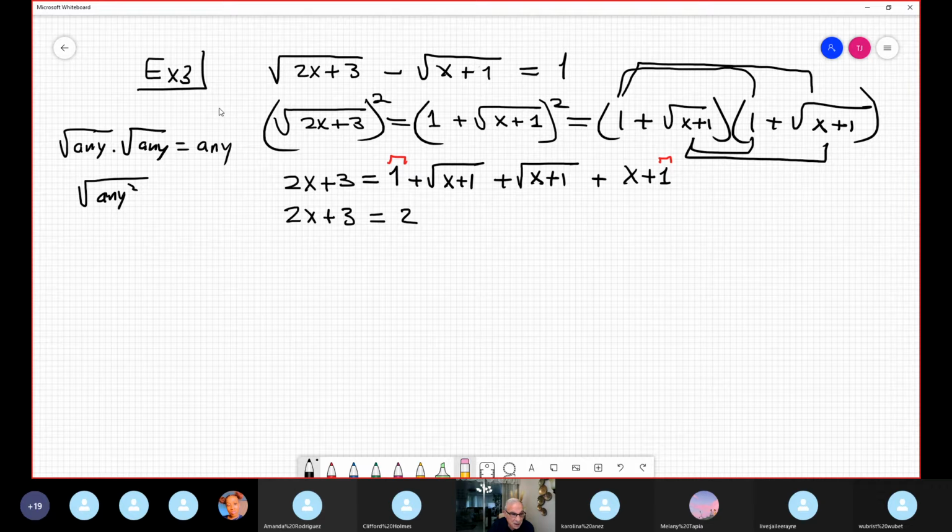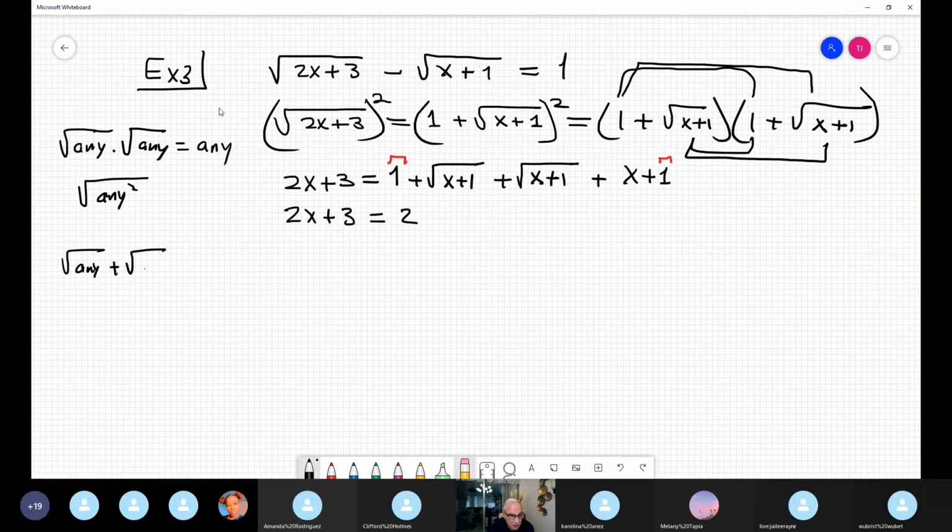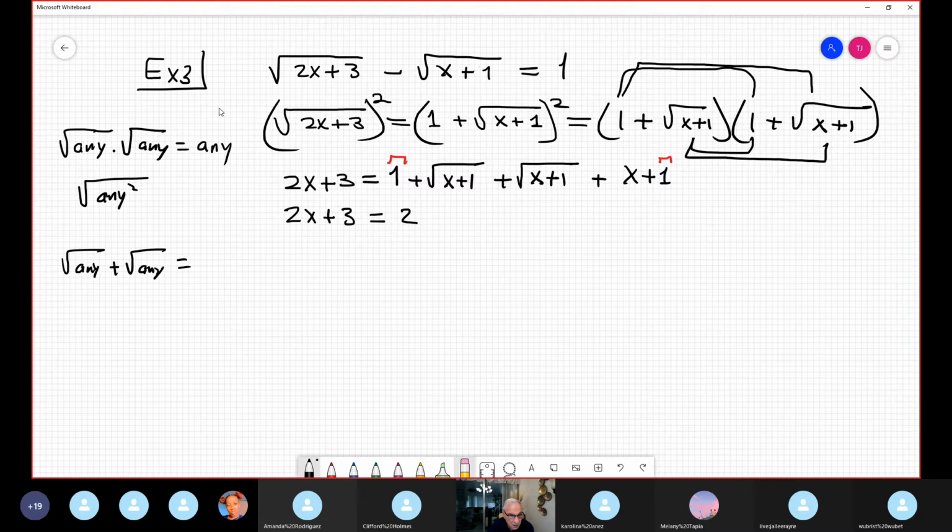And this radical, adding two radicals: radical any plus radical any is twice radical any. That's different from multiplication. This is addition. So 2 times the radical of x plus 1.